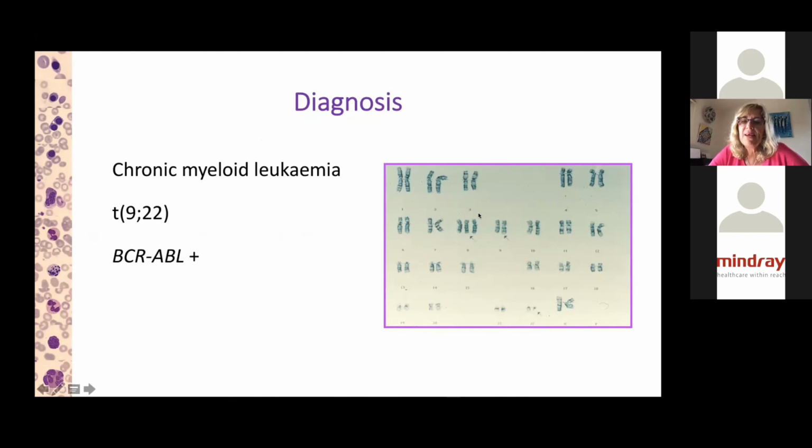Here we have chromosomes, and we can see here the translocation between the 22 and the 9. 9 is here.